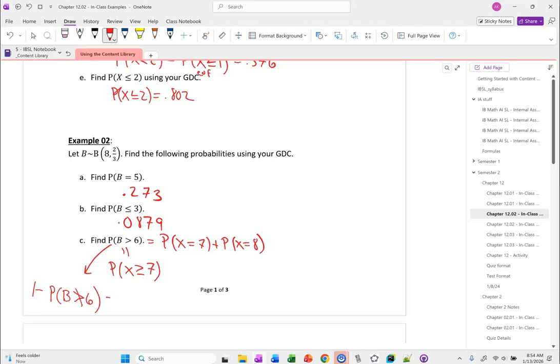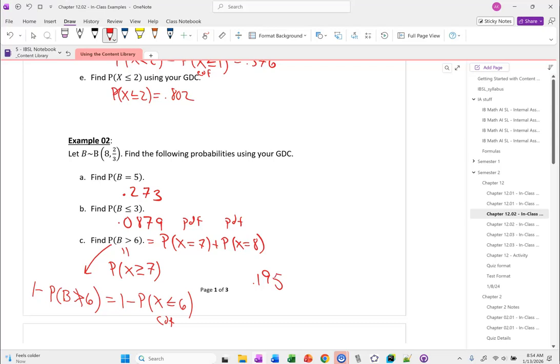What does not greater than 6 mean? Less than or equal to 6. And now this is one where you could use a CDF. So you would put 6. We do 1 minus that. 0.195 is the answer.